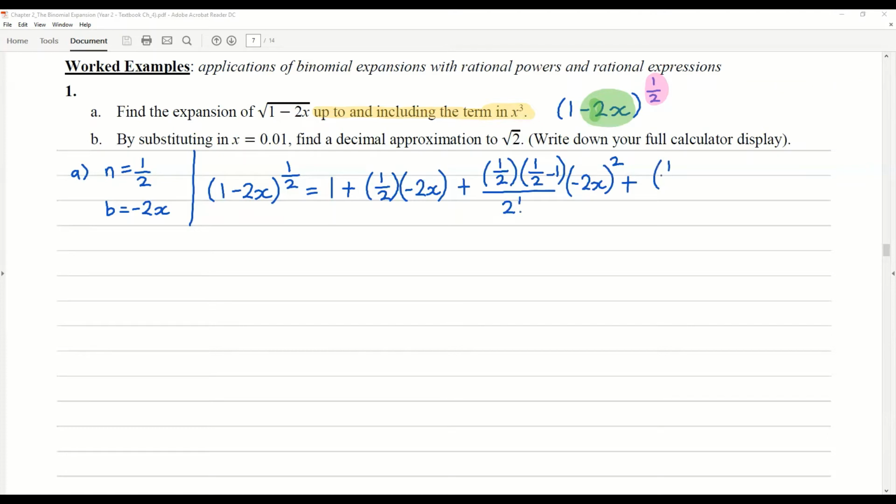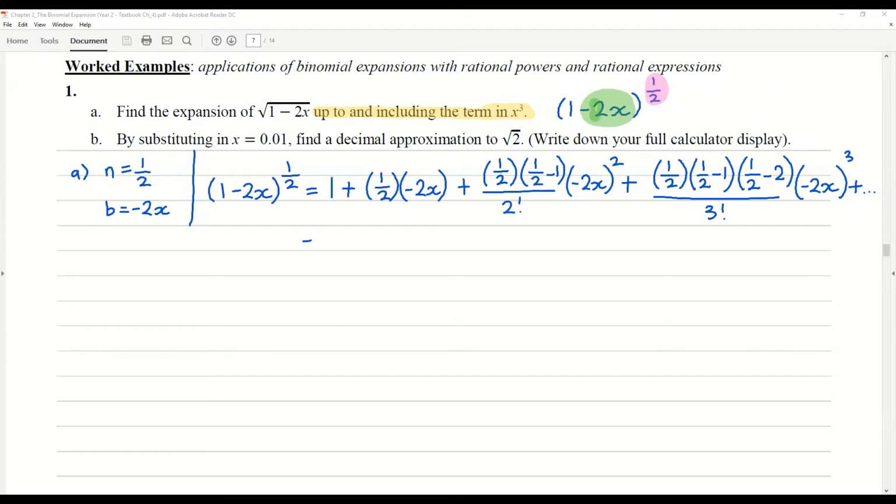So it's n multiplied by n subtract 1 multiplied by n subtract 2 over 3 factorial. And then our b is cubed, so that's -2x cubed, and then plus some more terms.